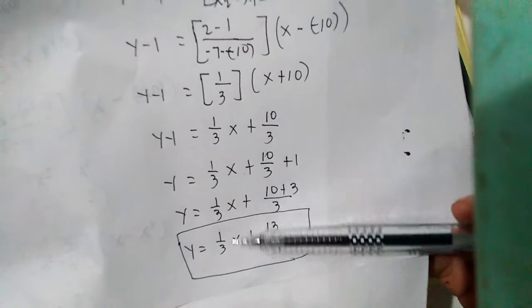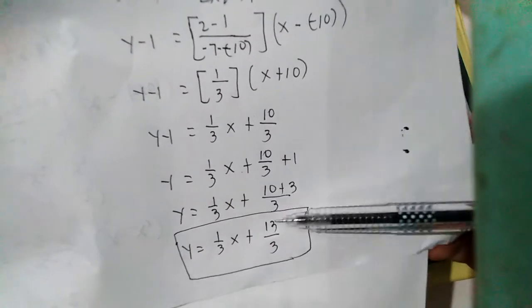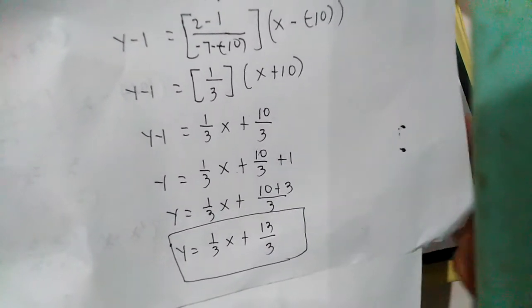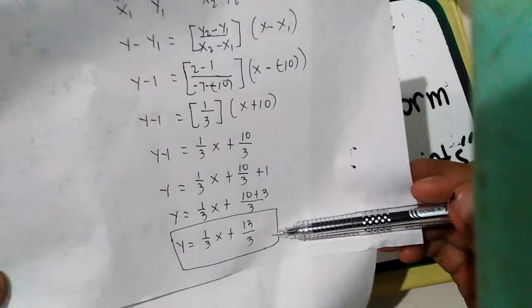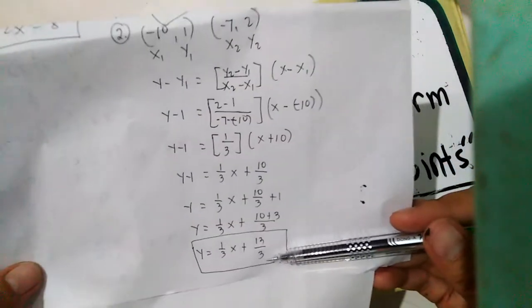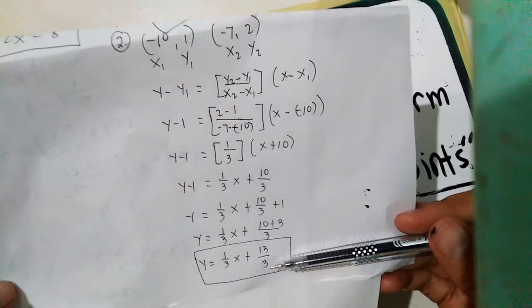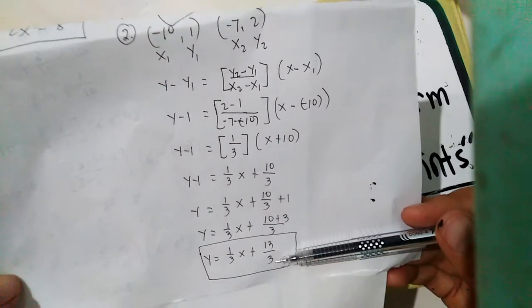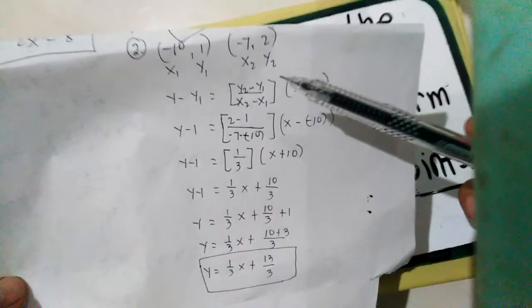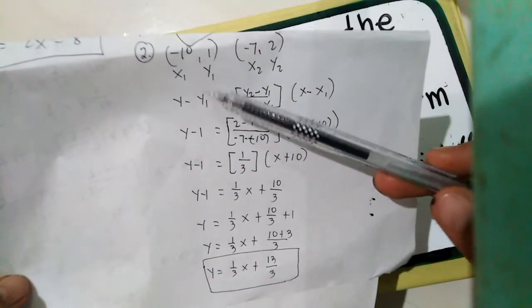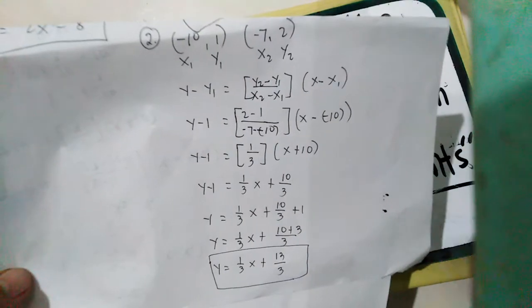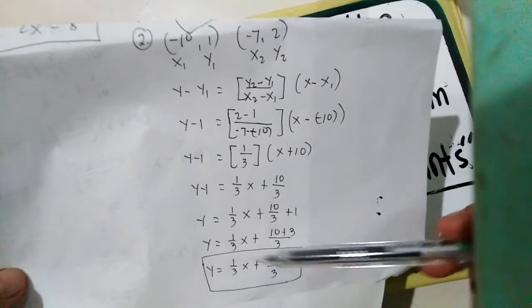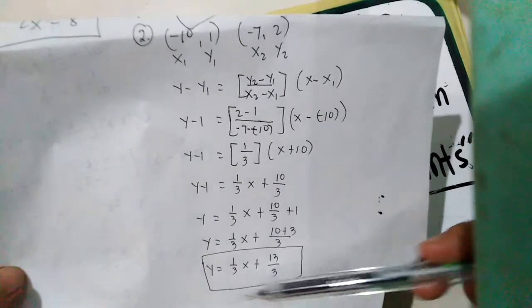So y equals 1/3 x plus 10 plus 3 is 13 over 3. So this is now our slope-intercept form. Okay, so if given two points, just substitute the x sub 1, y sub 1, x sub 2, and y sub 2. So this is now our slope-intercept form in the form of y equals mx plus b.